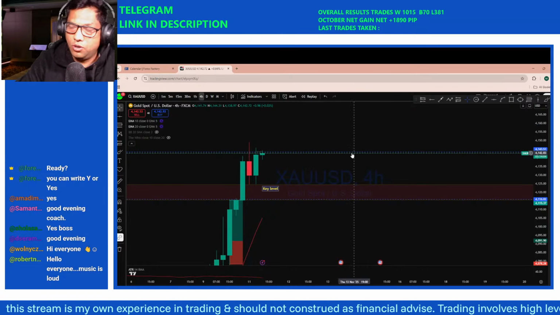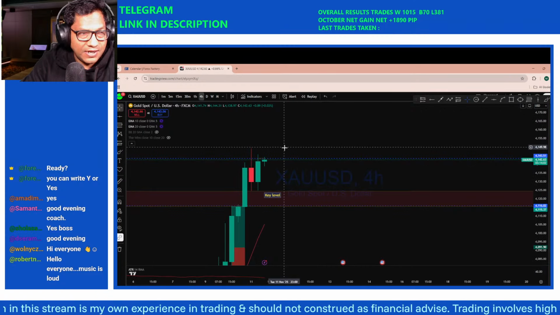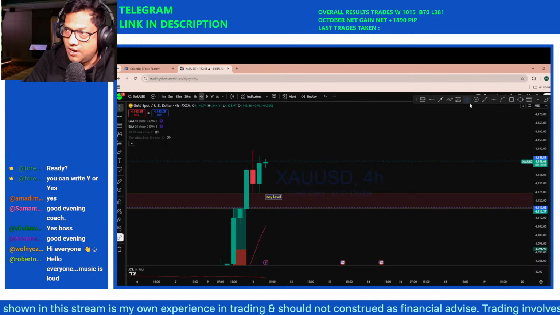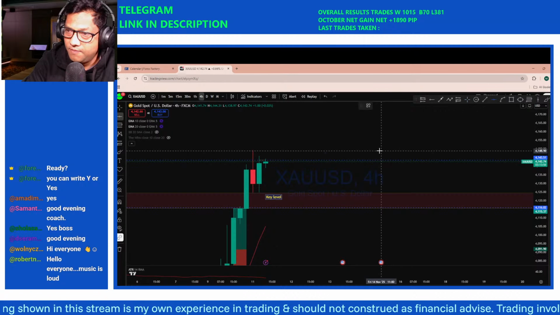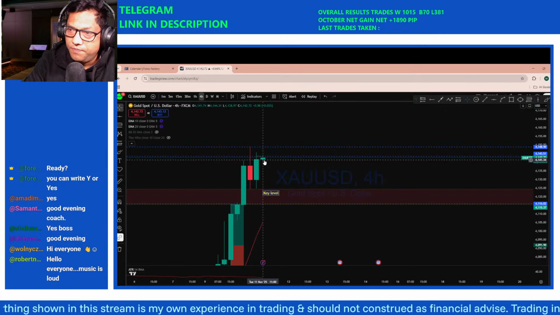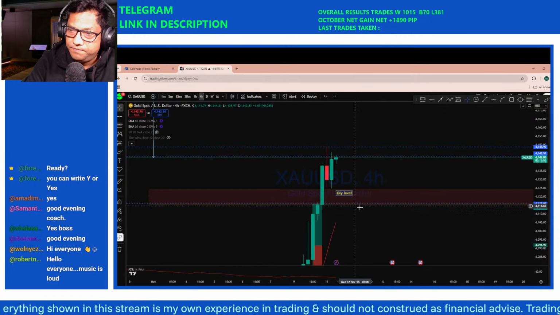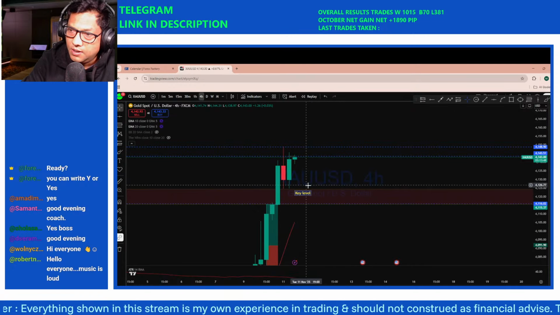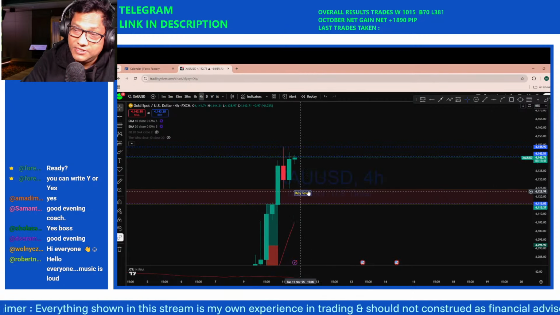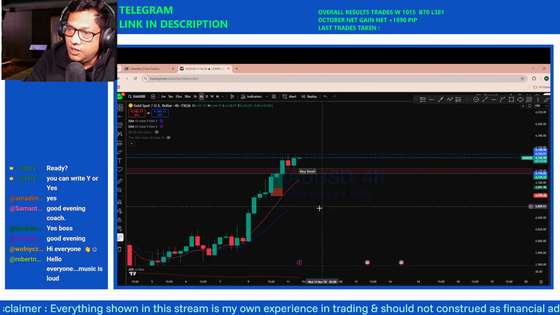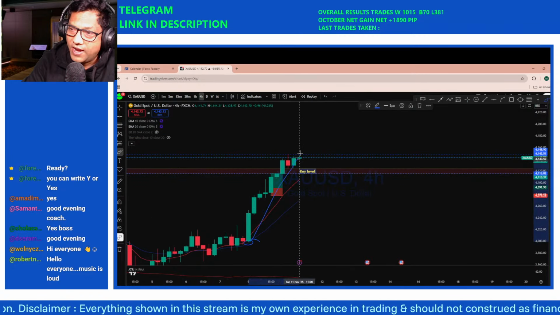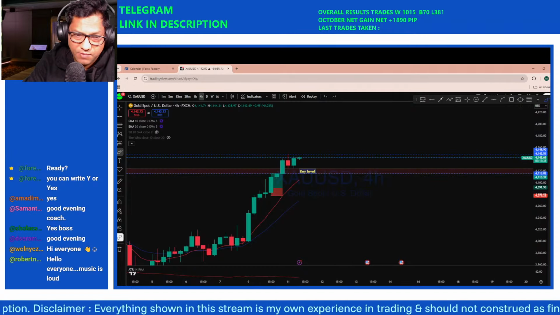Okay, so the market can still continue to rise back here and create even a new higher high. But the level to look at is here, because it is already overextended back to the upside in that market.